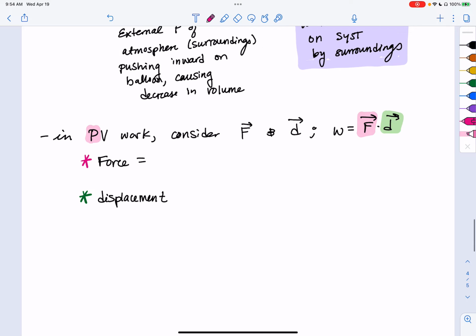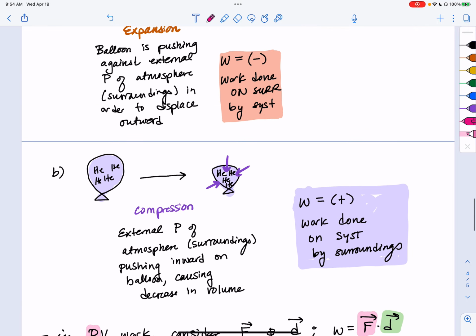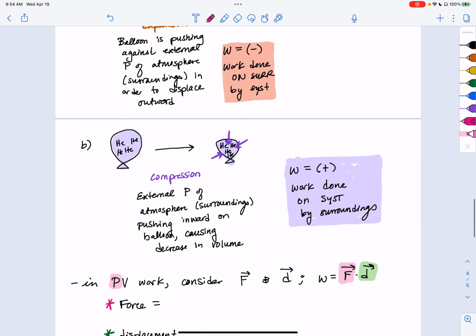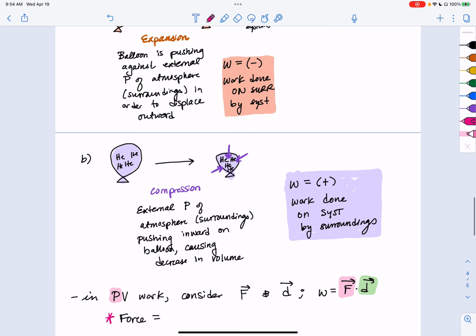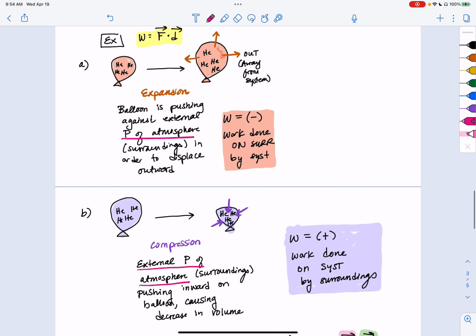Now, let's think back to the little examples that we did here. Anytime we were looking at pressure, we were looking at the external pressure of the atmosphere, because that is either what our system is working against or what our system is being affected by.